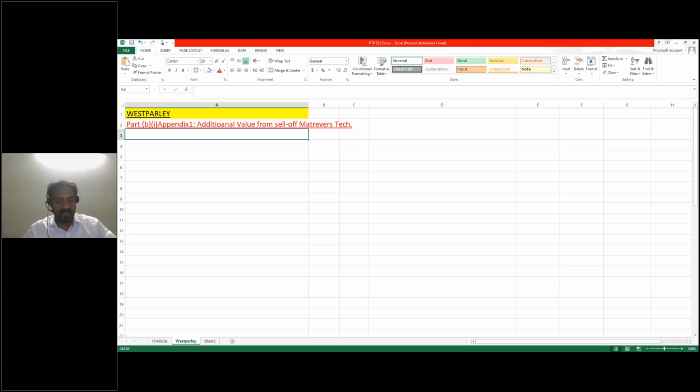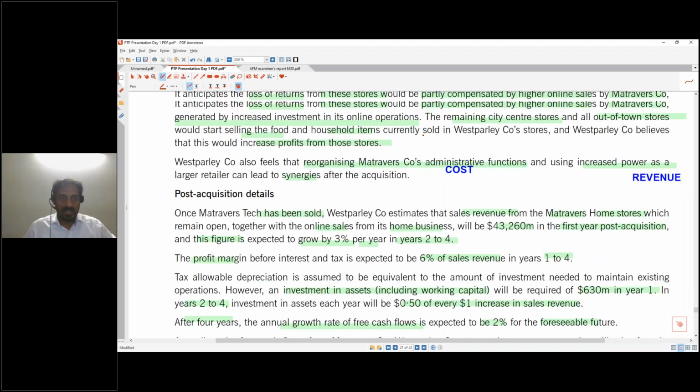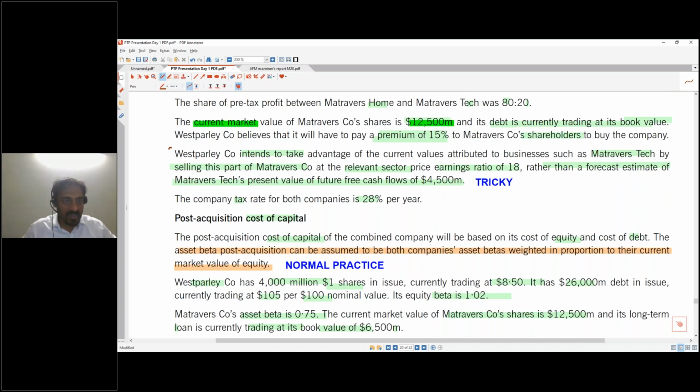Now it's my turn. Sir, you tell me how to apply the pull factor here. First, read the requirement. Compare the additional value West Parley believes can be generated from sale of Metaverse Tech based on P/E ratio with the projected present value of the free cash flow. Class, actually, the requirement is based on this paragraph.